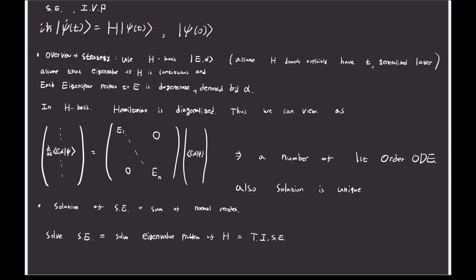And because the Hamiltonian operator has a matrix representation like this diagonal matrix, this equation is just a number of first order equations. And after we solve these first order equations, we can reunite all of these components, then we can get a real solution. So the solution of the Schrodinger equation is just a sum of normal modes.